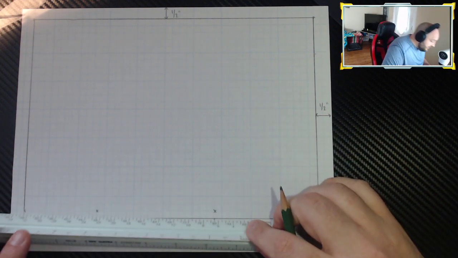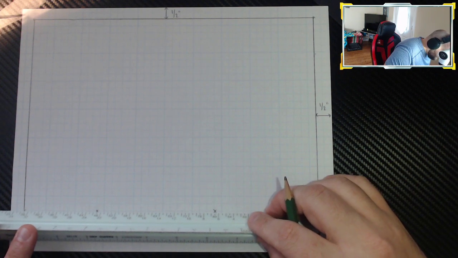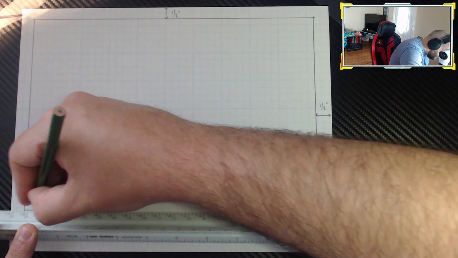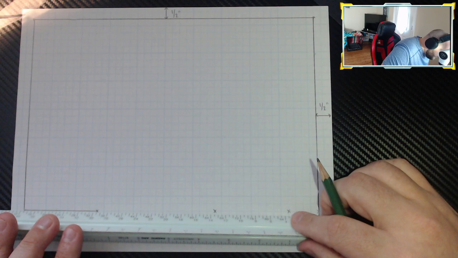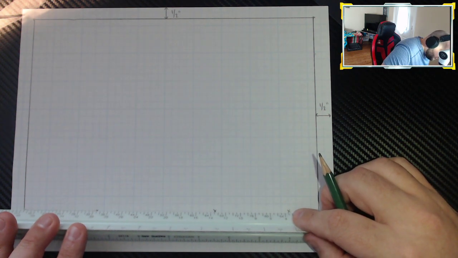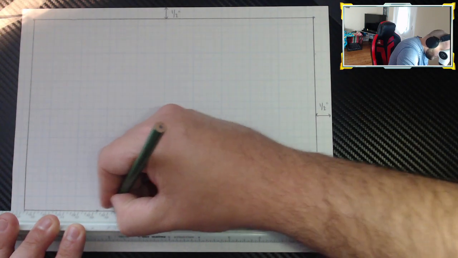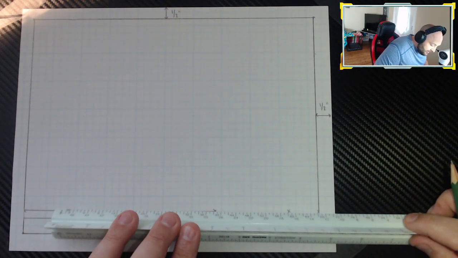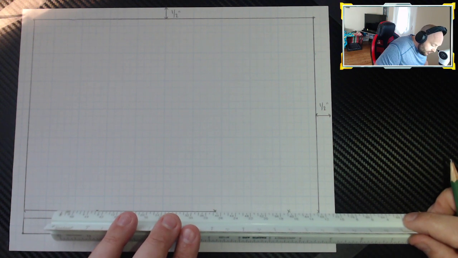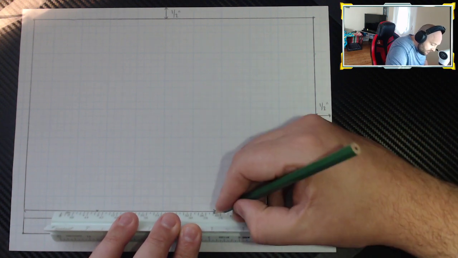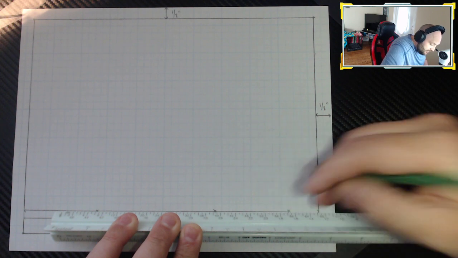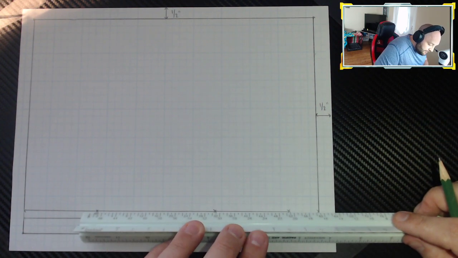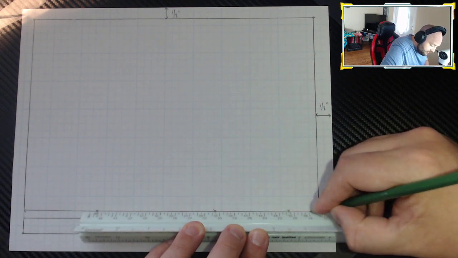Alright, and then now I'm going to draw the lines between the arrows for my dimensions. So I could draw one line all the way across, but I feel like it's more efficient to take it step by step. It's definitely more precise. That way you're making sure your lines are straight all the way through.